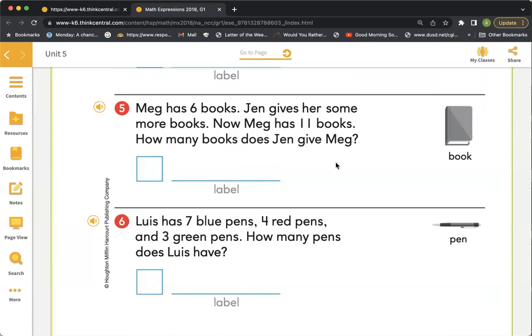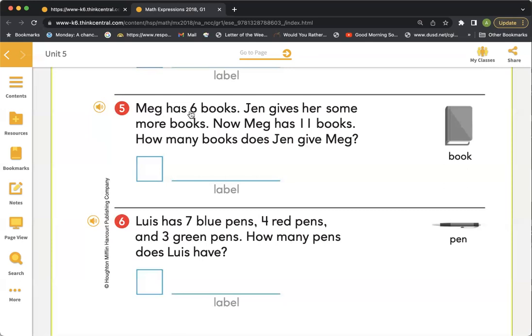Okay, let's make sense of the problem. Meg has 6 books. Jen gives her some, there's a key word, more, another key word, books. Now Meg has 11 books. We want to know how many books Jen gave Meg.